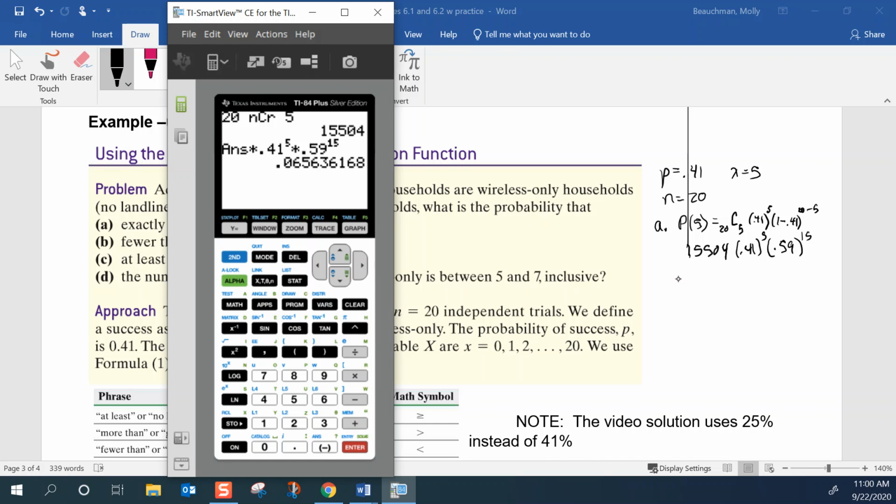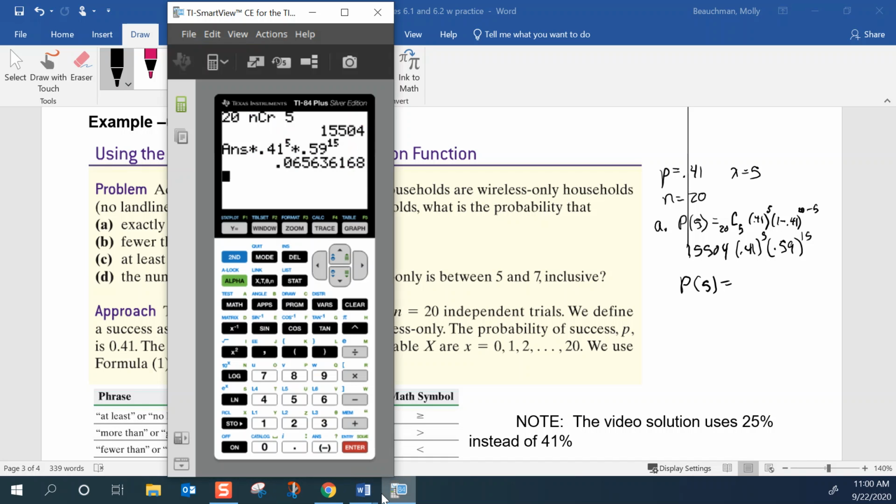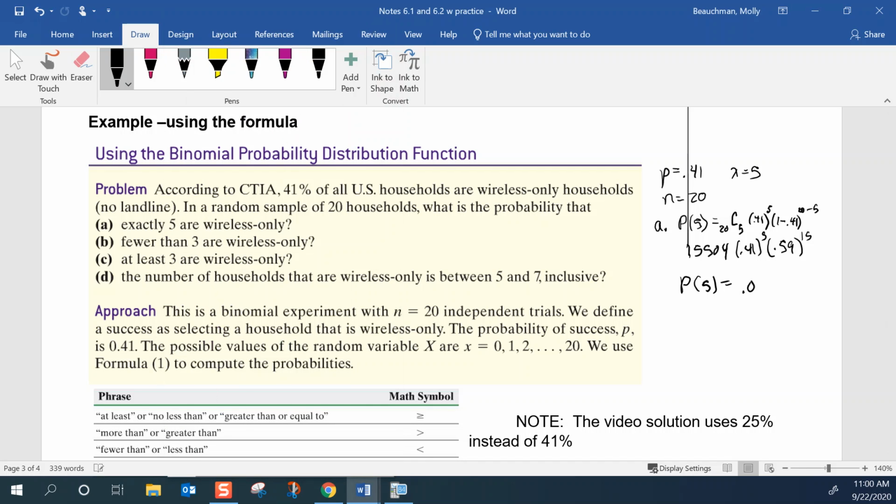So our probability of 5 is equal to 0.0656. All right, so that's the probability of exactly 5 wireless. So that's using the formula. What I'd rather have you do is use the calculator.